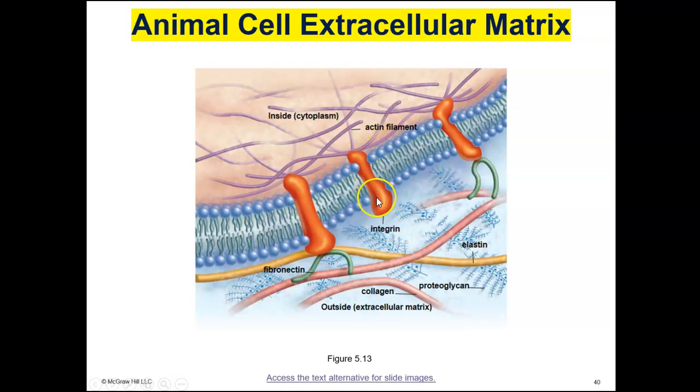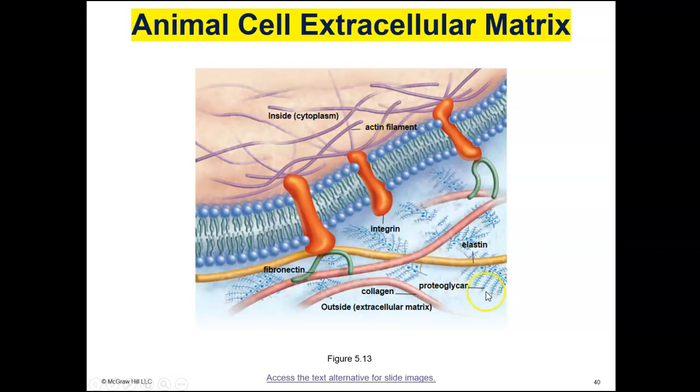You've got the integrin, which is one of those plasma membrane proteins embedded within the phospholipid bilayer, and it can attach to actin filaments inside the cell that help stabilize the plasma membrane and give the cell its shape.